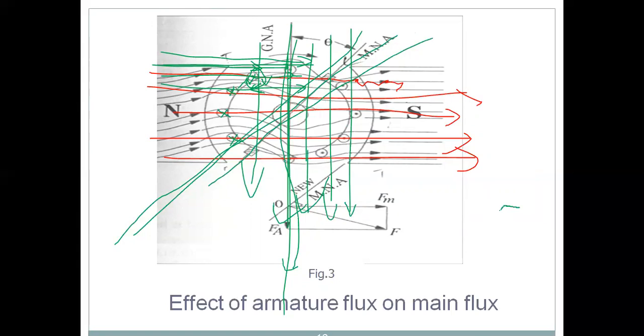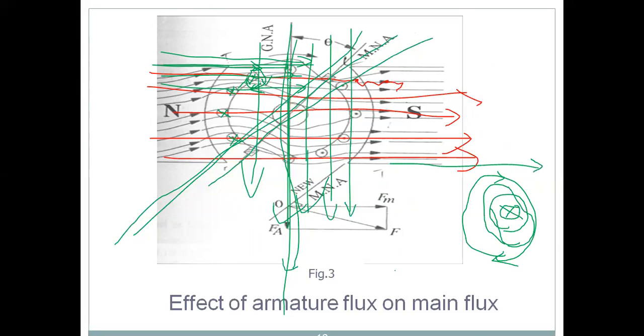This is a conductor of cross. The flux around this conductor is coming like this. This flux is set up by the armature current. Then because of the main magnetic field, flux lines are like this, because this is north pole and this is south pole.